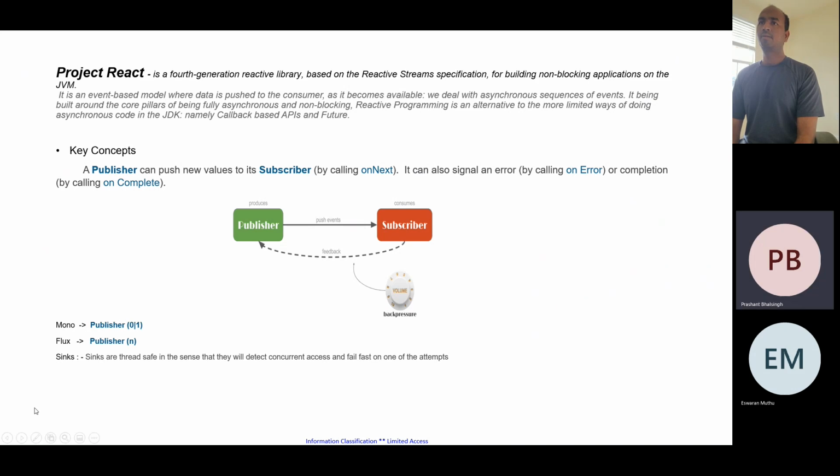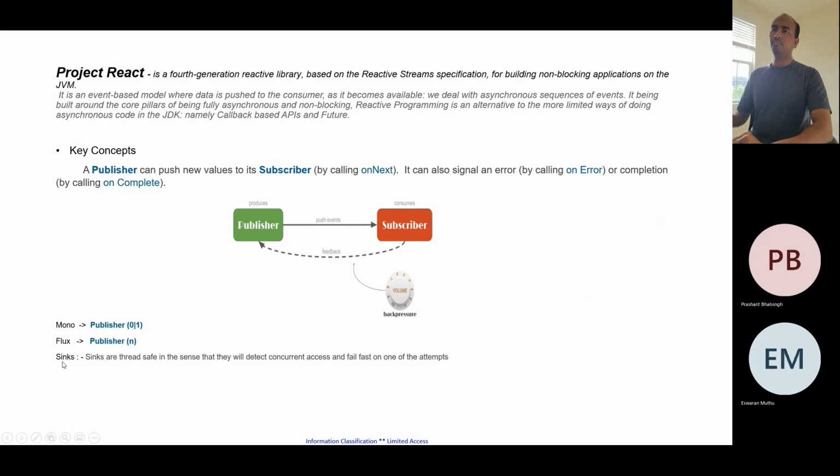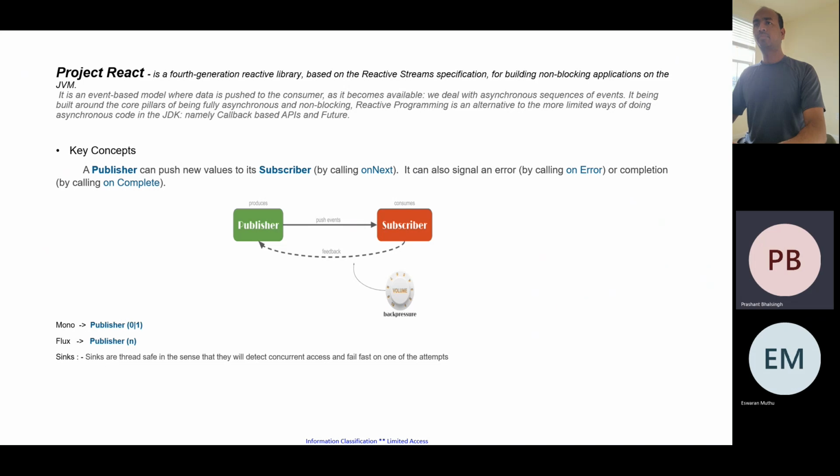The last component which I want to cover is Sinks. In a multi-threaded application, if you have just one publisher and many threads accessing this publisher to publish their events, then you need to do it in a thread-safe way. Sinks create a wrapper on Mono and Flux, so you can handle this multi-thread situation in a thread-safe way.